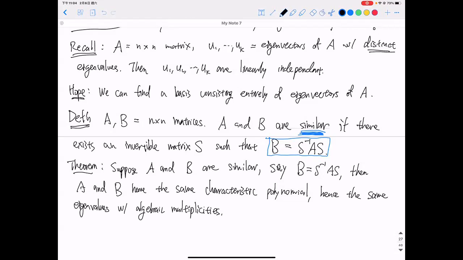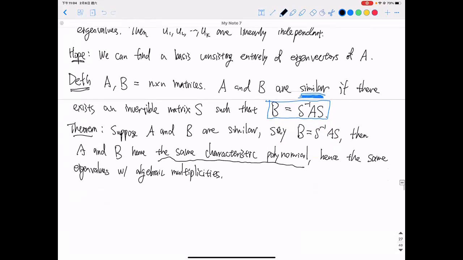We know that if they have the same characteristic polynomial, they have the same eigenvalues with the same algebraic multiplicities.